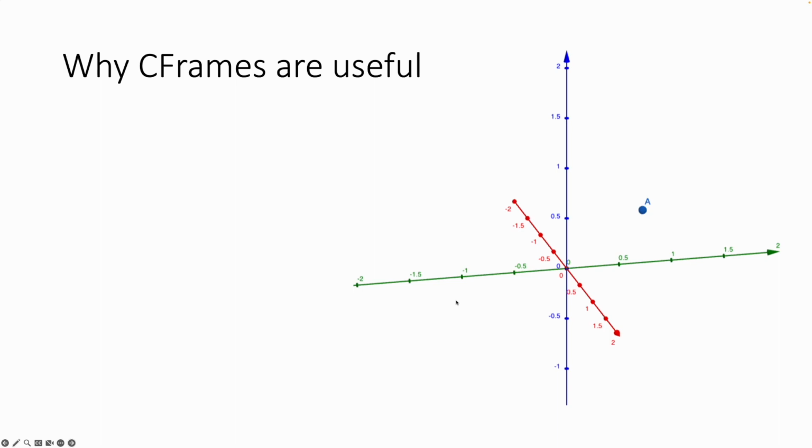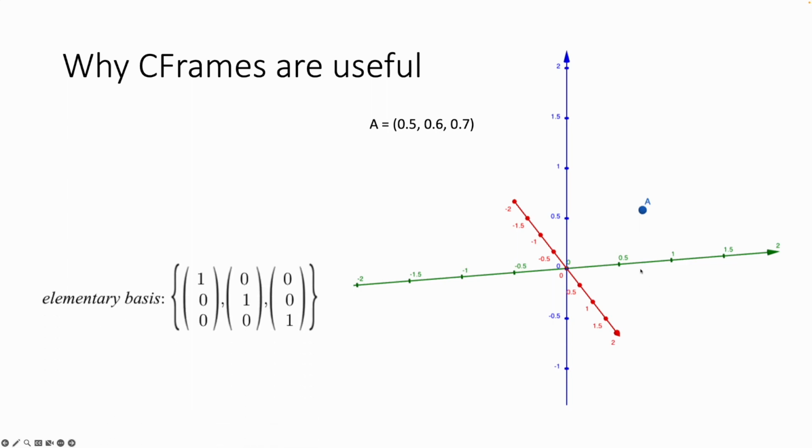Let's get into why C-frames are useful though. Let's take this point A, which is 0.5, 0.6, and 0.7. The thing with C-frames, and bases in general, is we can describe any point, let's say A, with some unique linear combination of these three directions.